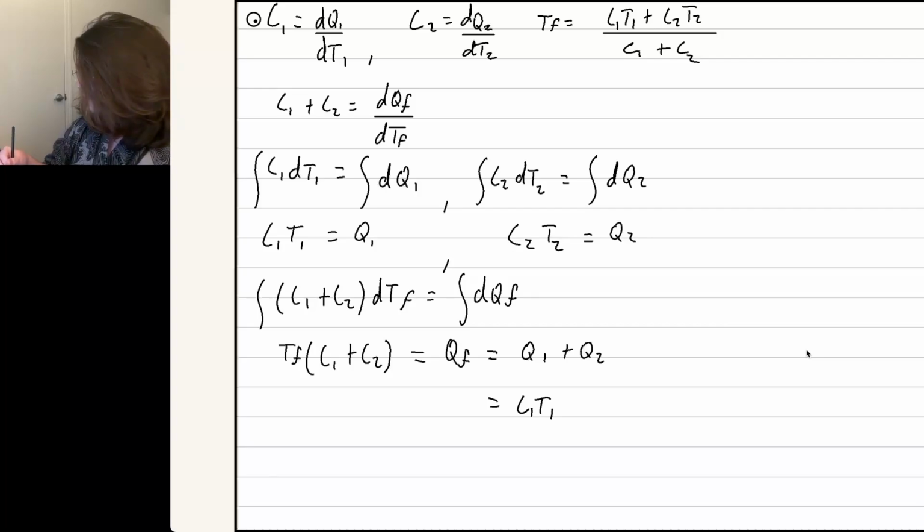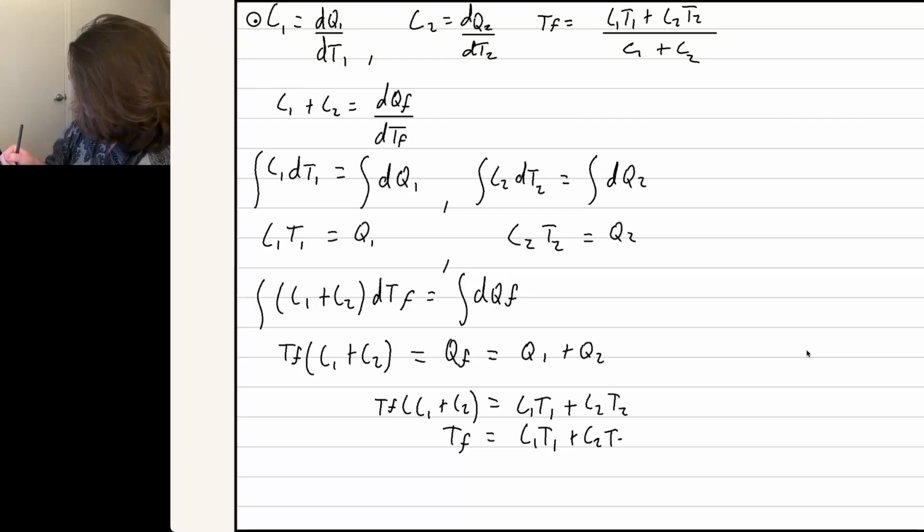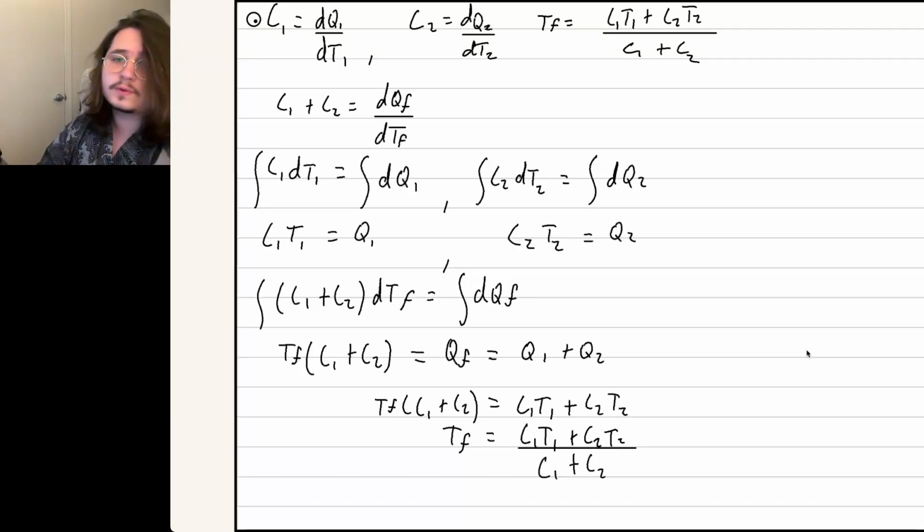So it's C1 T1 plus C2 T2 over here. And then to get the final form, you just divide both sides by C1 plus C2. Cool.